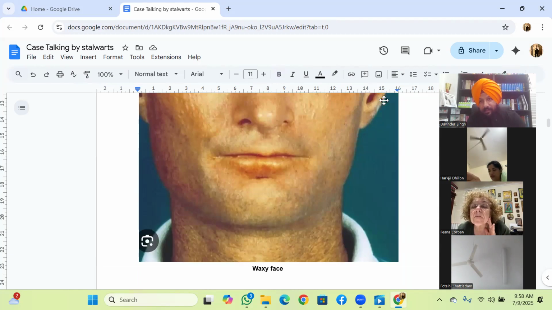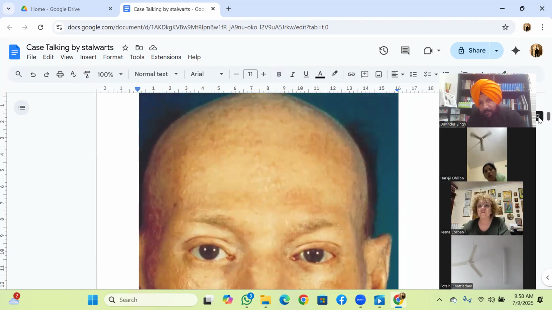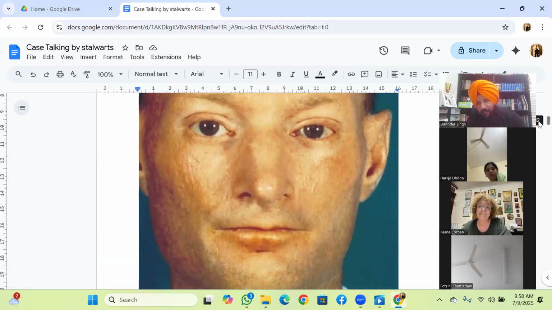Then you can see here a waxy face. Mostly the person who suffers from kidney disease, if you see their face, abdomen, they look waxy.